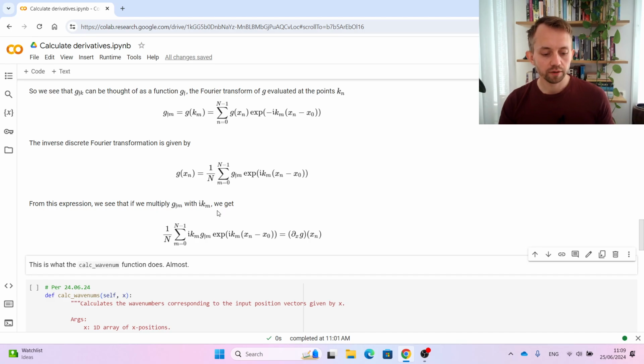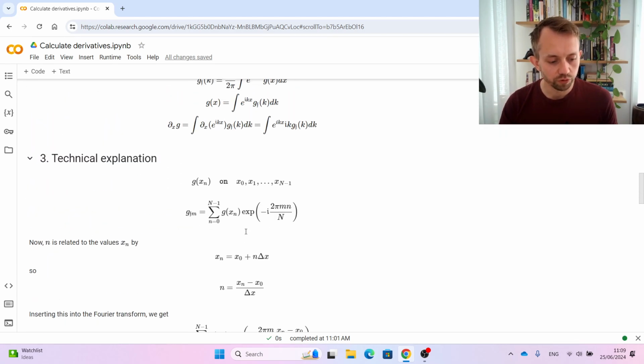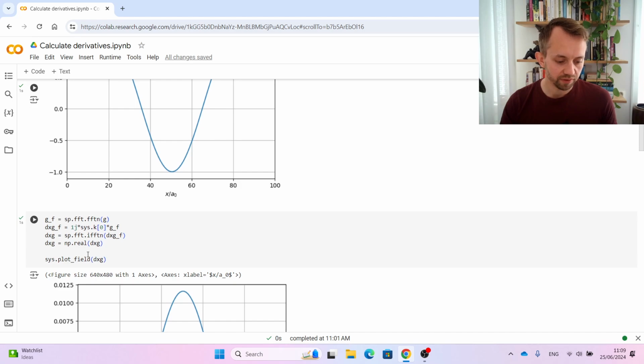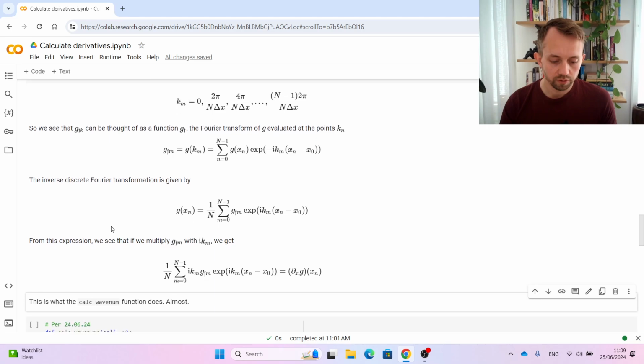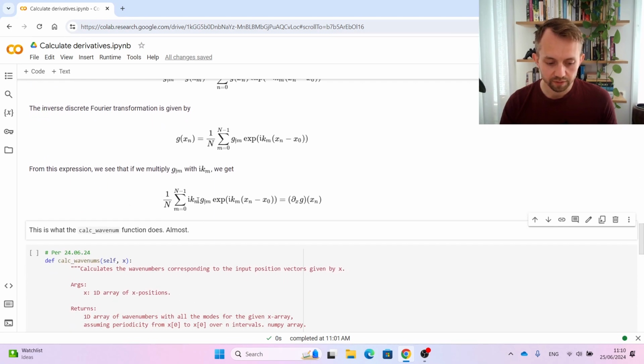And so that means that in order to calculate the derivative, as I did in this expression here, I need to have access to these k vectors, and that is exactly what the calc wavenum function in ComFiT is doing.